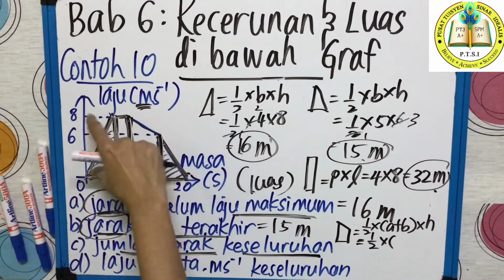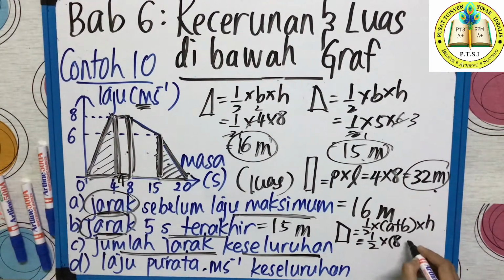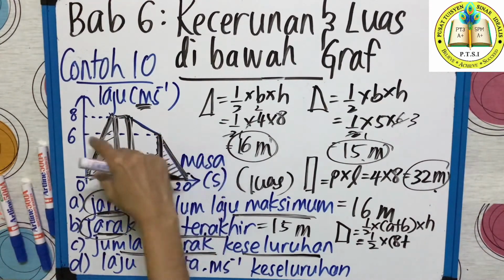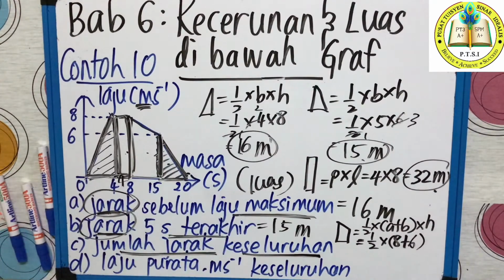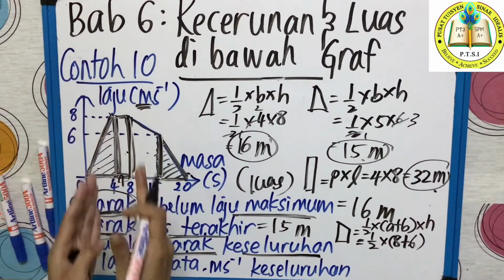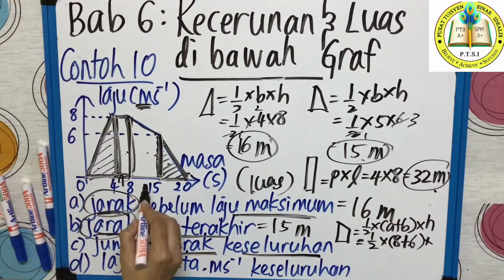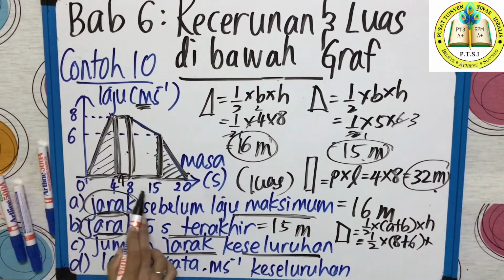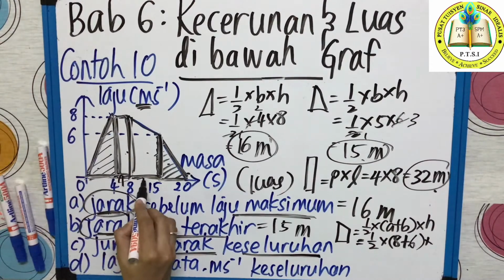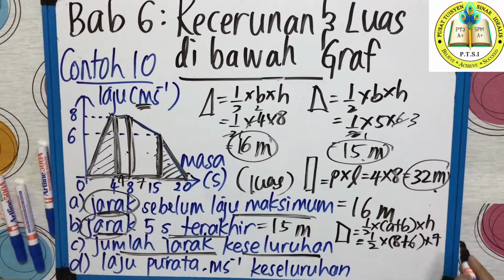So the A is how much? 8 plus B is how much? 6. Remember A plus B must be the parallel line. Times by tinggi. What teacher say tinggi just now? The flat one. So berapa tinggi? 8 to 15 berapa tinggi? 7. So you can press everything in calculator, or you want to cut also can.